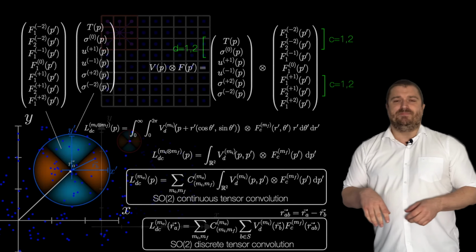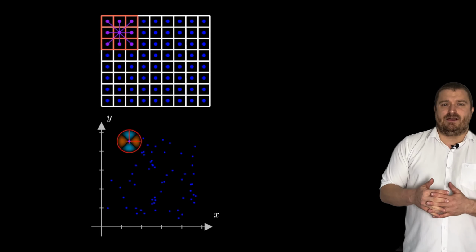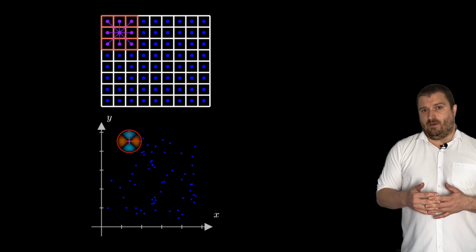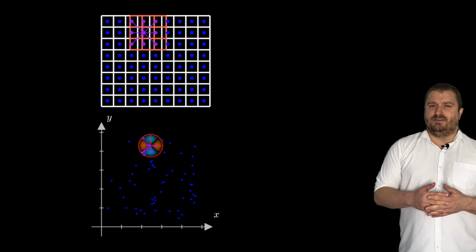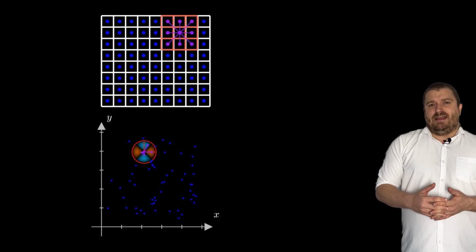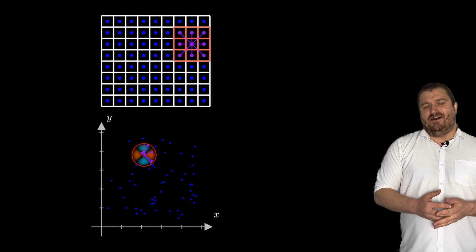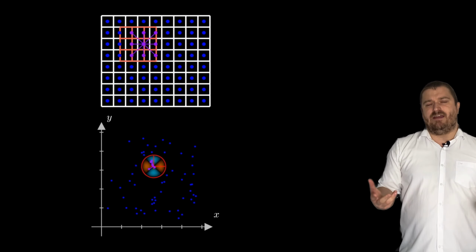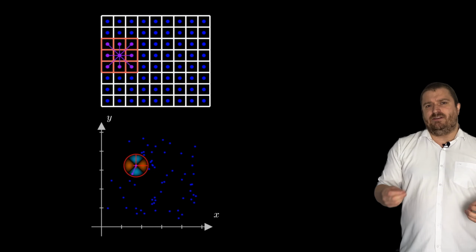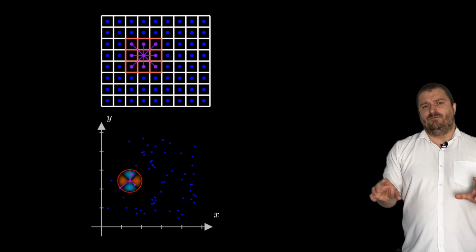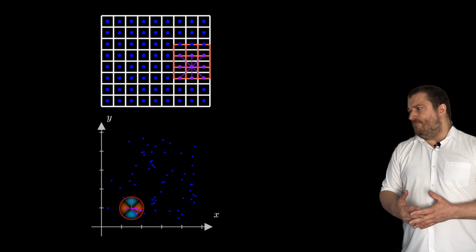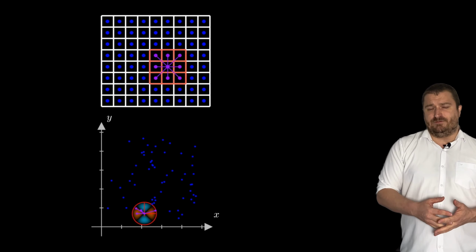So just a quick aside, if you feel like we've come quite a long way since the vanilla convolutional neural network, in a way we haven't, because the convolutions that we're doing now are really very, very similar to the convolutions in the CNN. Of course, we are now talking about higher rank features, but in terms of it just being convolutions on point clouds, there's not much that's particularly different from the CNN case.